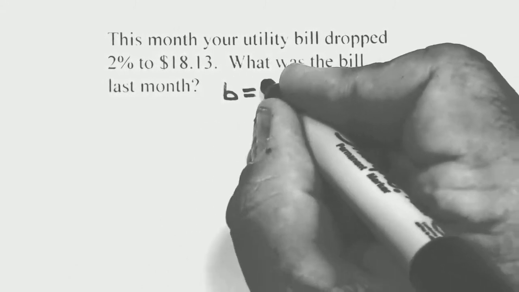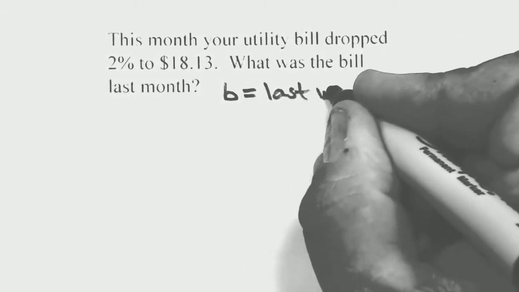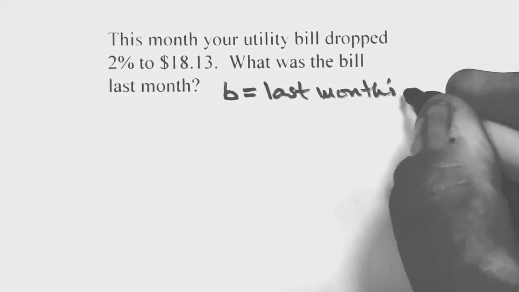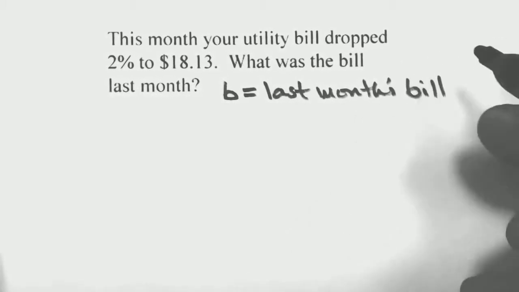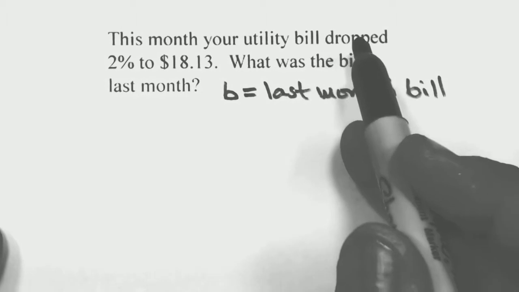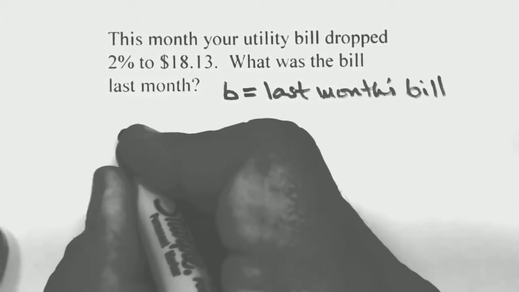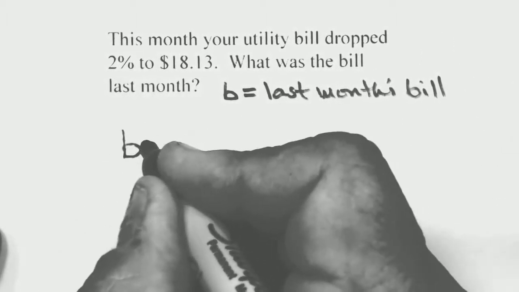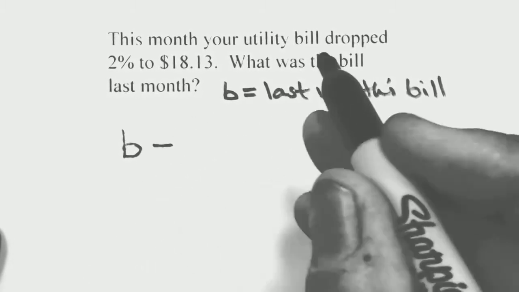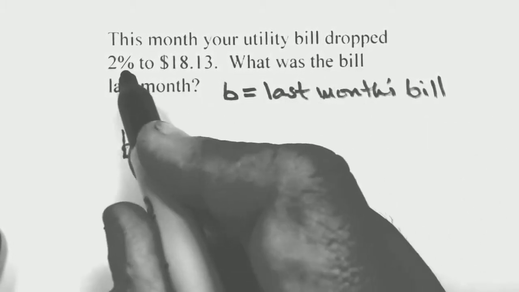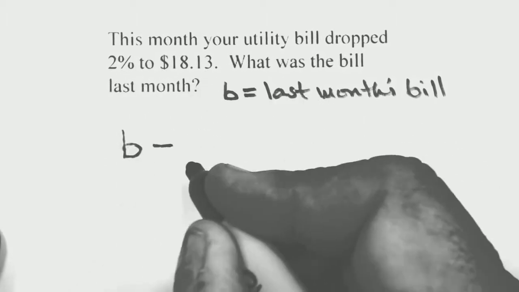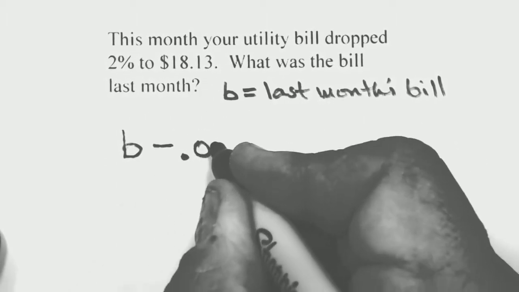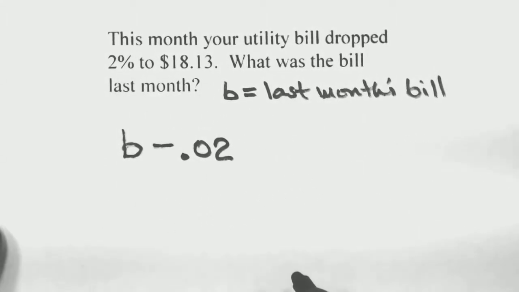Okay, well, let's say B equals last month's bill. Now, we've got a drop, which is a decrease, so we know we're going to start out with what it was last month, but it's gone down because it's dropped. And what do we have? A 2% decrease. Now remember, 2% as a decimal is 0.02.